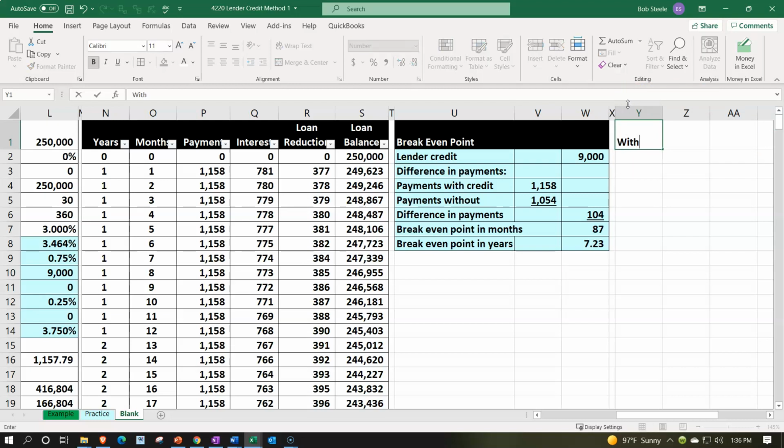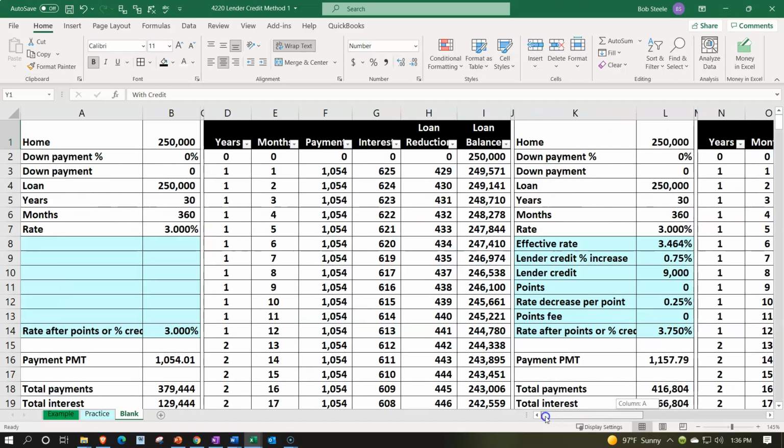So we're going to say with credit. Now the item with credits is going to be the confusing point. I'm going to make this black and white. Let's go ahead and wrap it and center it. Because for the items without credits, we're just taking that 250, so you would expect basically 3% in essence through the life of the loan.